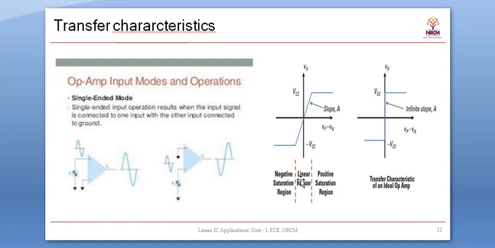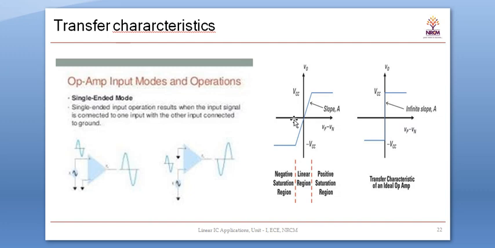The ideal transfer characteristics of the op-amp are in this fashion, and the practical characteristics are in this fashion. In the linear region only, it is acting as an amplifier, and in the saturation region it is not acting as an amplifier. So what is the voltage range for which it is acting as an amplifier? We are interested to see.